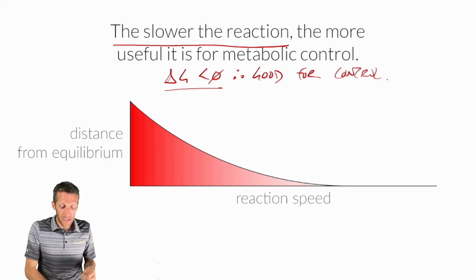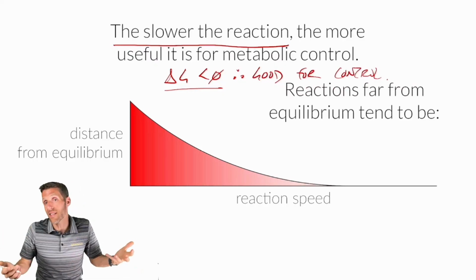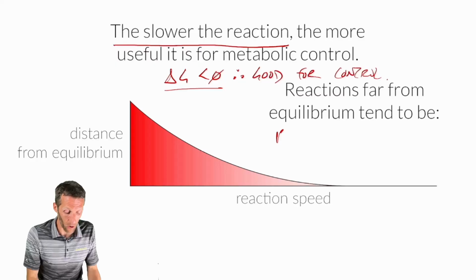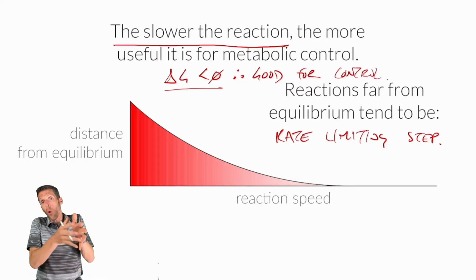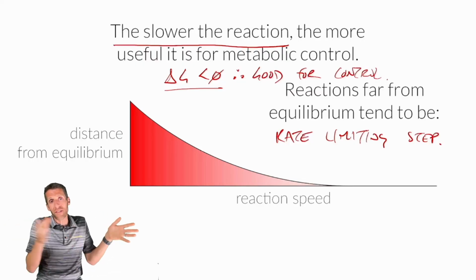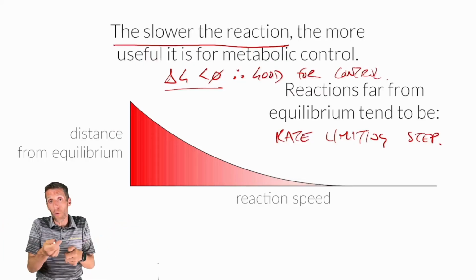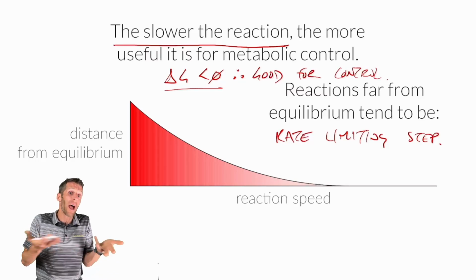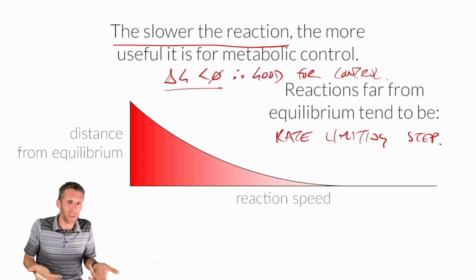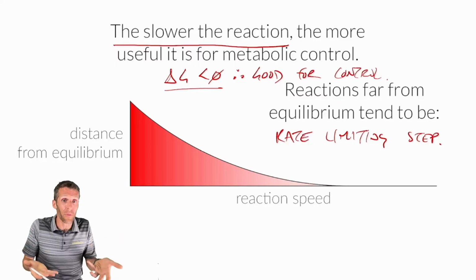And why is that? Because a reaction that is far from equilibrium tends to be a rate limiting step. So if you want to control the whole rate of a pathway, all the steps in the pathway, you have to find the slowest step, and that's how you're going to be able to tune the rate. If you increase the rate of the rate limiting step, the whole pathway gets faster, right? If you decrease the rate of the rate limiting step, the whole pathway gets slower.